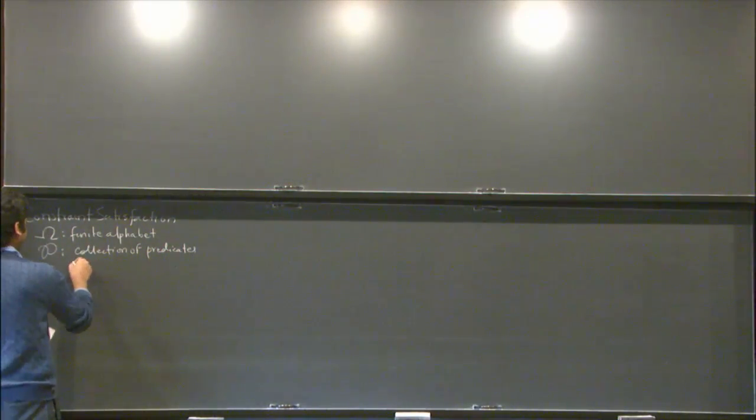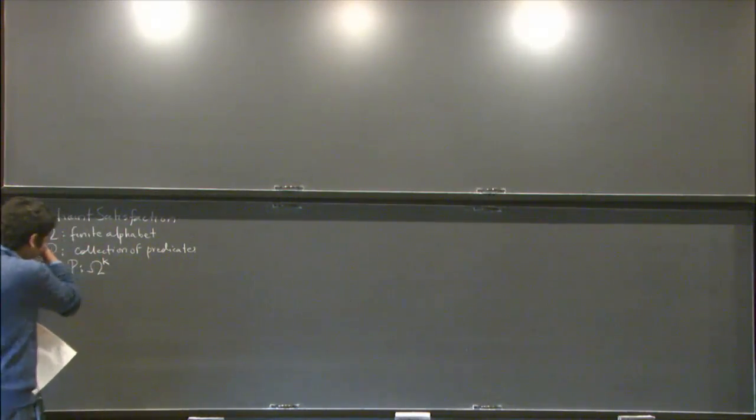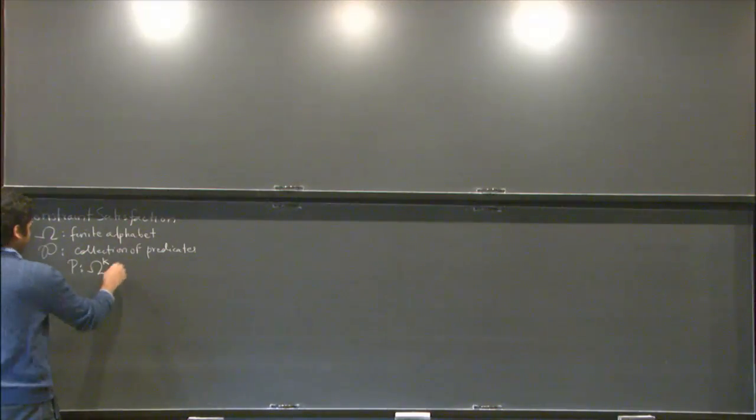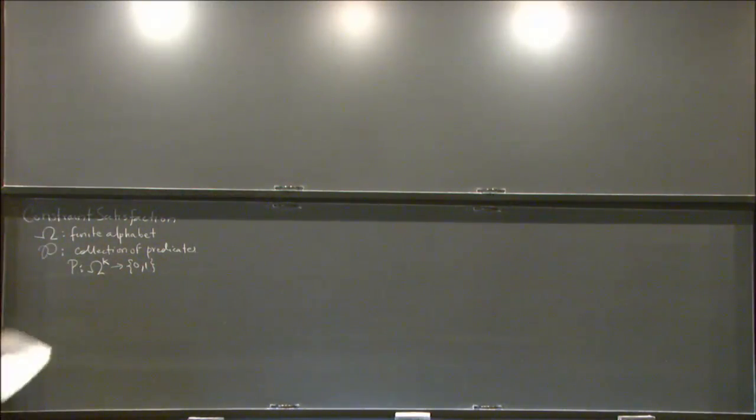Predicates are basically just functions that take input from omega to the k and output a 0 or 1 value. Okay, so you have a collection of such functions.